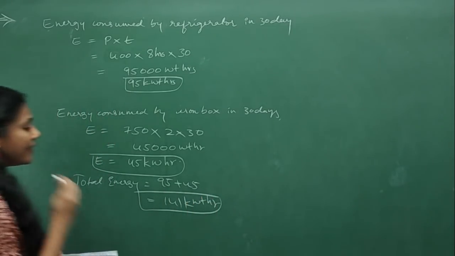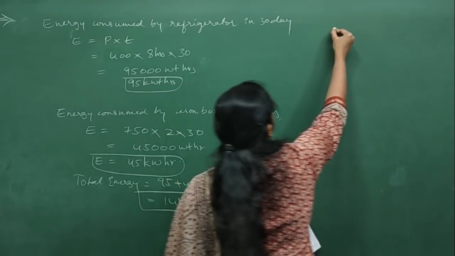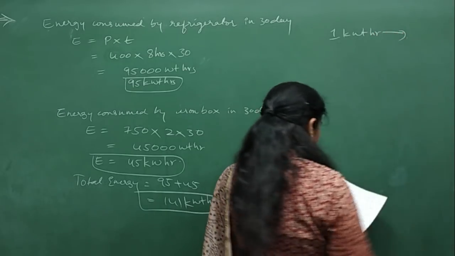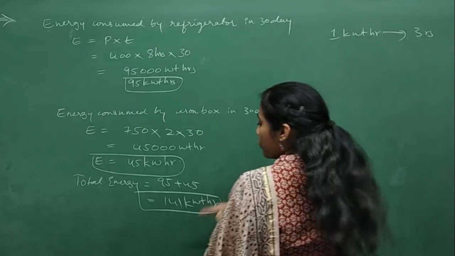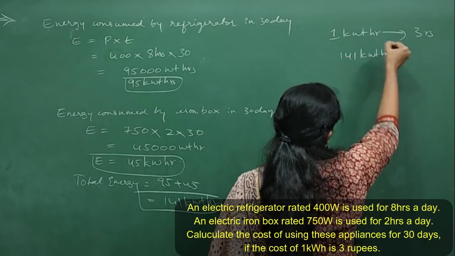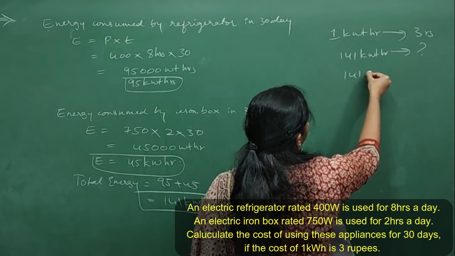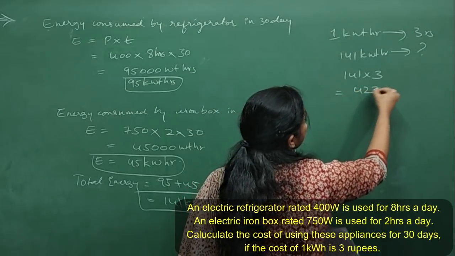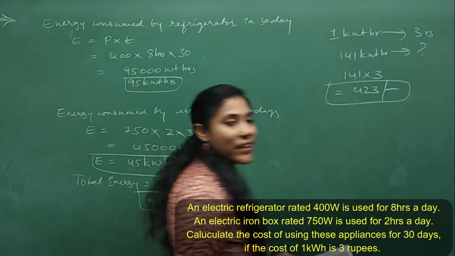And now you see they are asking the cost out of it, and they said 1 kilowatt hour costs around how many rupees? 3 rupees, right? So 141 kilowatt hour of energy costs how much? So it is 141 into 3, that is around 423 rupees, right? So this is your final answer.